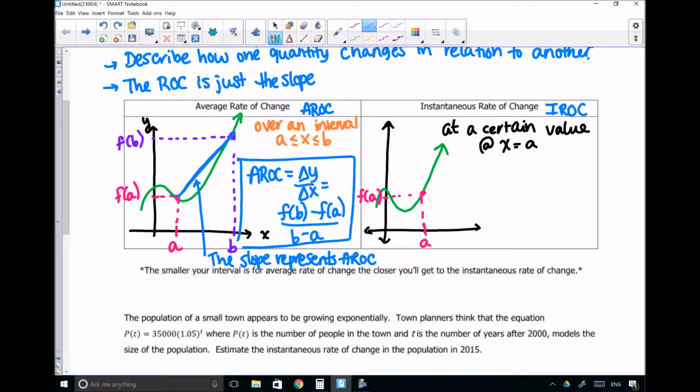That's still important. But the most important piece is that what ends up happening is we draw a tangent to our curve. And remember, our tangent just intersects our graph once.